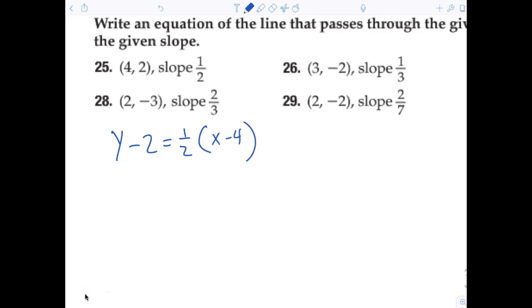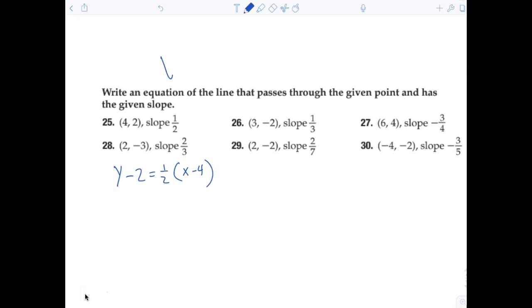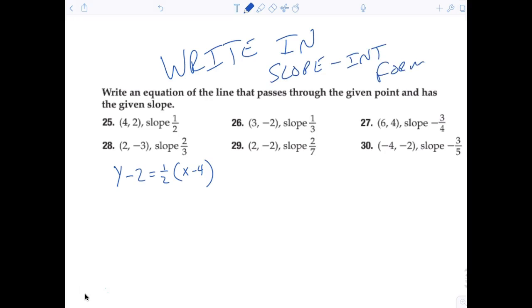Now, listen, I need everybody to put a star by these problems. Write in slope-intercept form. All right, so now we have to transpose this from point slope into slope-intercept. And basically what that means is you just have to solve for y.